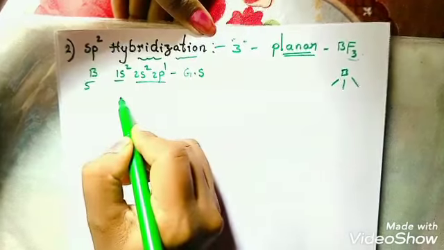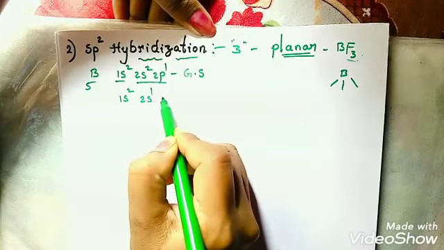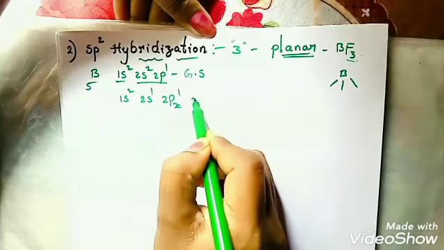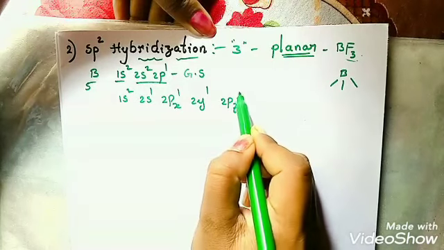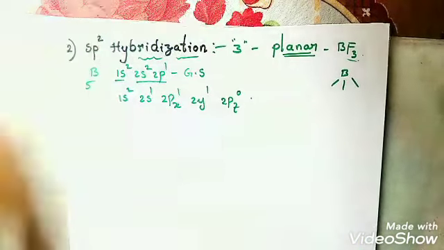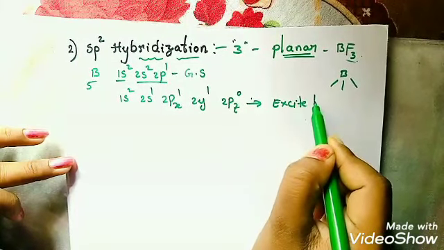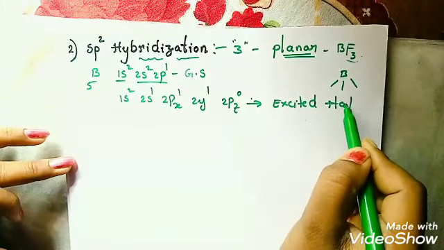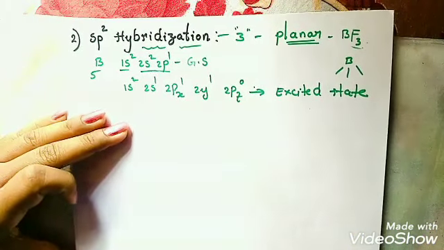So the excited state must be like this: 1s2, 2s1 and 2px1, 2py1, 2pz0. Why? Because this is the excited state electronic configuration.